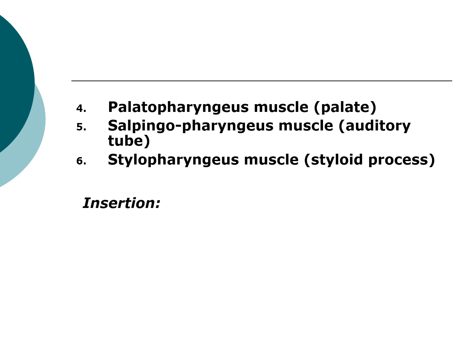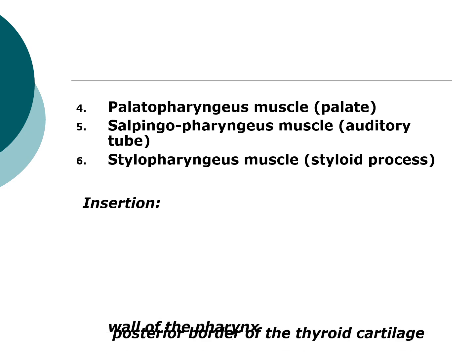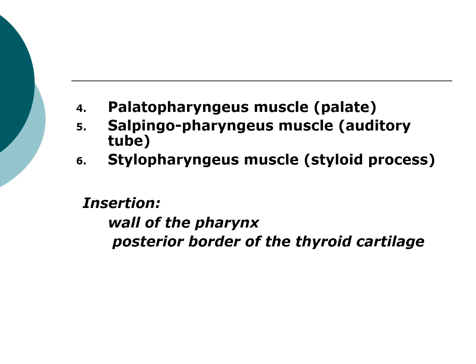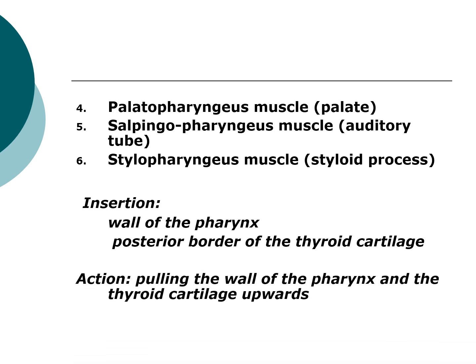They have the same insertion. They are inserted into two parts: the wall of the pharynx and the posterior border of the thyroid cartilage. They have the same action. When they contract, they pull the wall of the pharynx and the thyroid cartilage upwards.